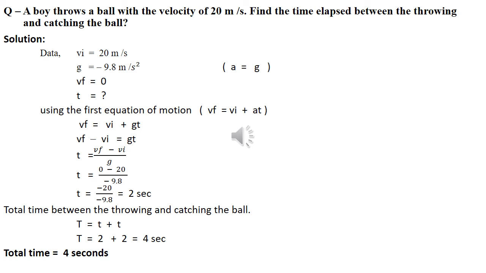But as we throw the ball vertically upward, that is against gravity, so its value should be minus. And when the ball is at its peak position, for a moment it stops. So its final velocity is 0, and we have to find the time.